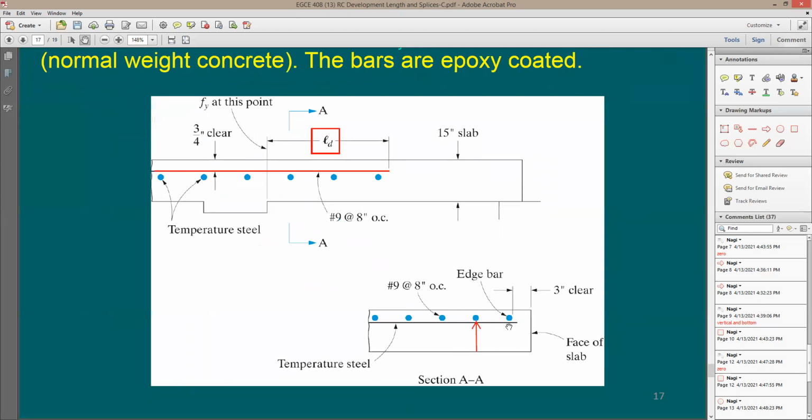Can someone help quick? Yes, since the clear distance is only 3/4 of an inch. Good, all right. So in this case, I'm gonna have more than 12 inches. It's gonna be top rebar.